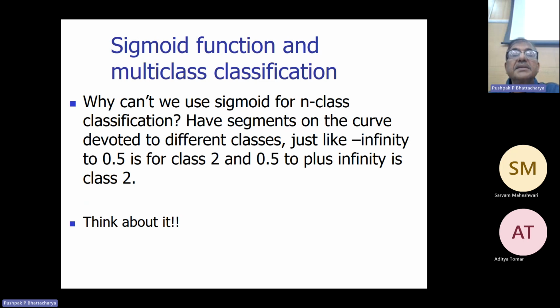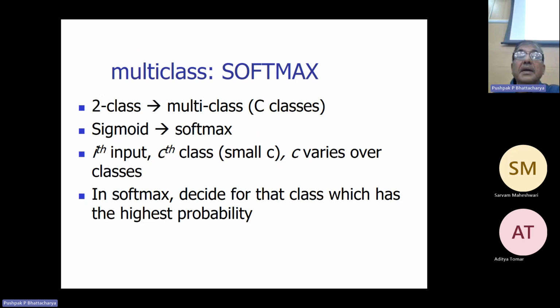But normally what is done is that if there are more than 2 classes, then you recruit more neurons in the output layer. If there are 3 classes, then 3 neurons. You can do with 2 neurons because one neuron will be 1 minus the output of the other 2 neurons. But normally for 3 classes, 3 neurons; n classes, n neurons. Then you need a different function that's called the softmax function.